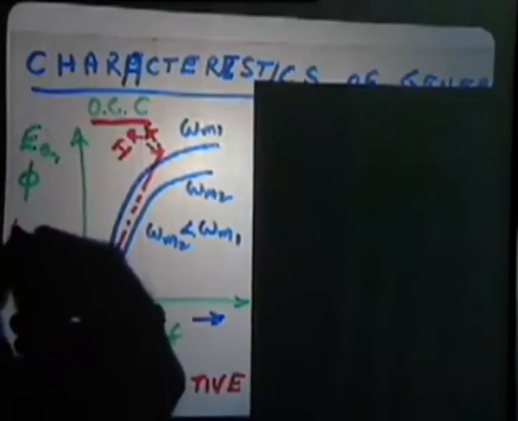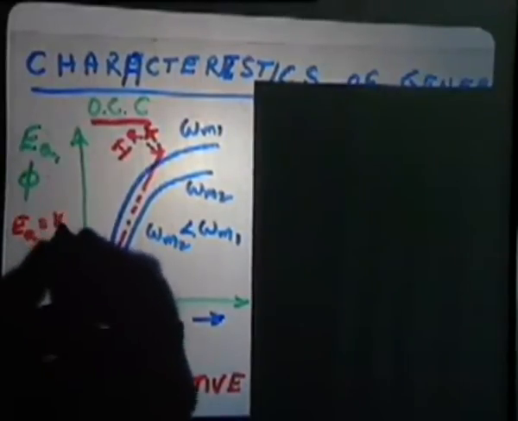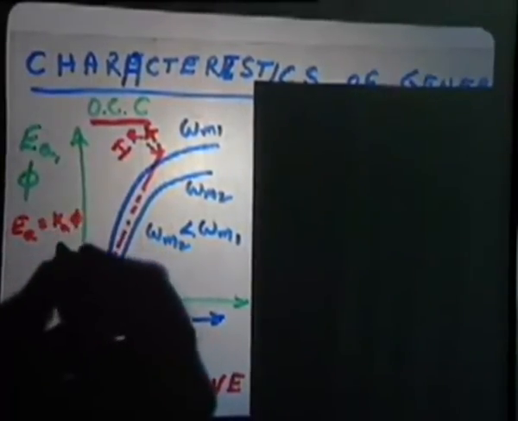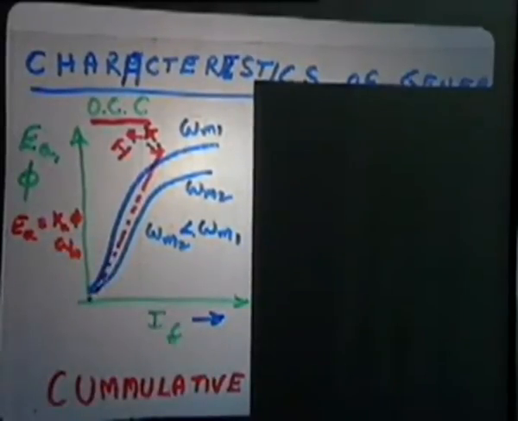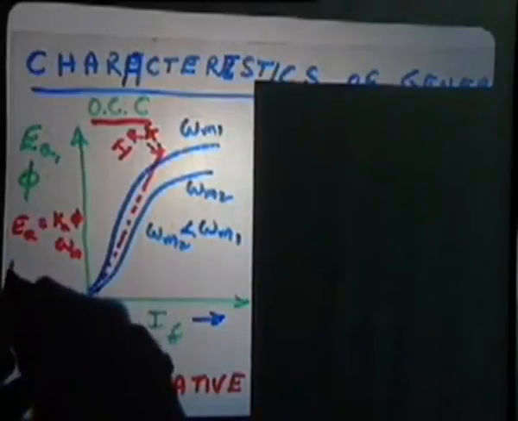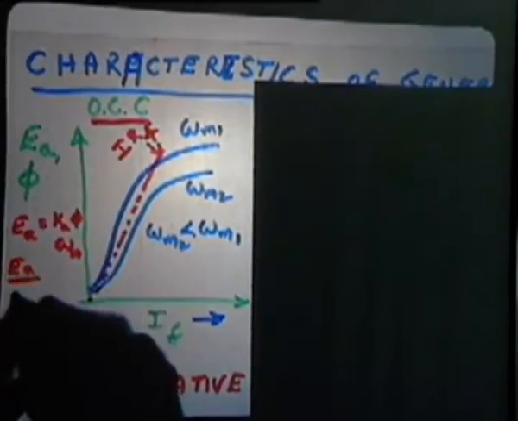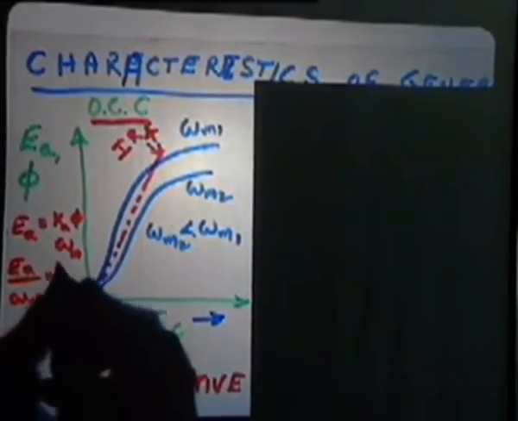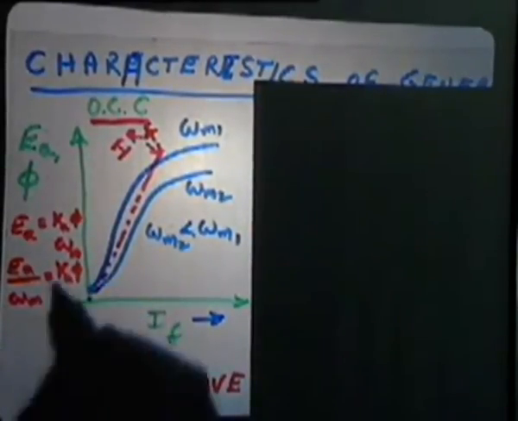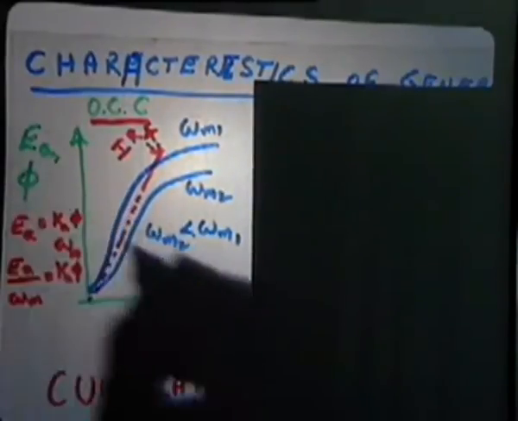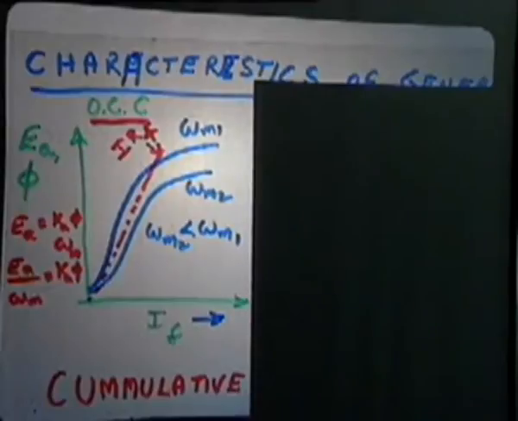We know that EA is equal to some constant into phi into omega m. Now if you maintain omega m constant, then EA by omega m will be equal to Ka phi. So this will basically be a variation of phi versus IF at any given constant speed.